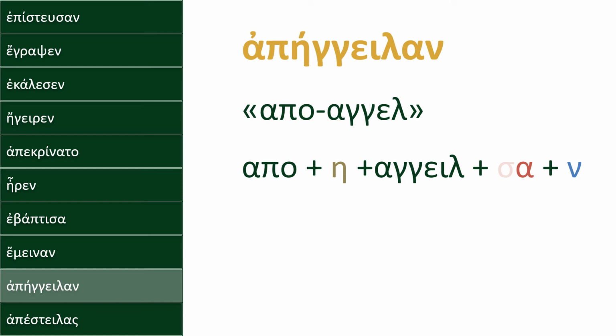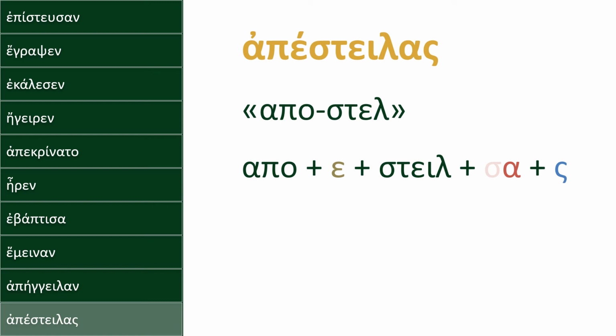Turning to the formation, we first have the preposition apo, then the vocalic augment eta, alpha has lengthened to eta, and the aorist tense stem angeil. Since angeil ends in a liquid, the aorist tense formative is alpha instead of sigma alpha. The form ends with the active 3 plural personal ending n. Thus we get apengeilan.